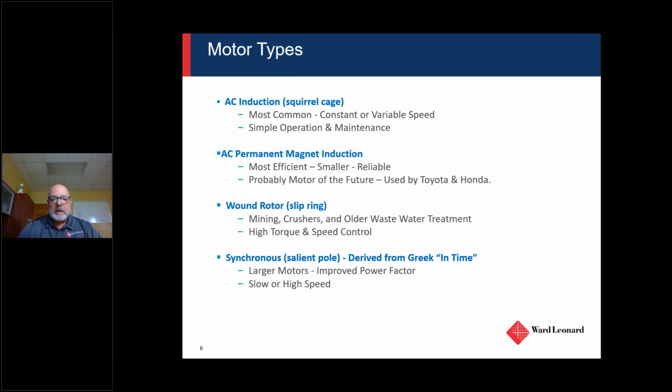They are expensive to maintain with the collector rings. It's another piece of a graphite or carbon brush and a ring, so it's just more to maintain. Synchronous motors are typically large motors, and if you have a large manufacturing plant or large petrochemical plant, typically you'll have synchronous motors inside your facility. They are a very good application for air compressors, large reciprocating compressors.